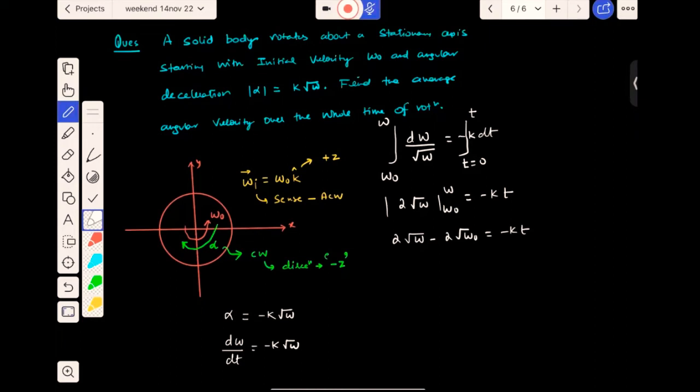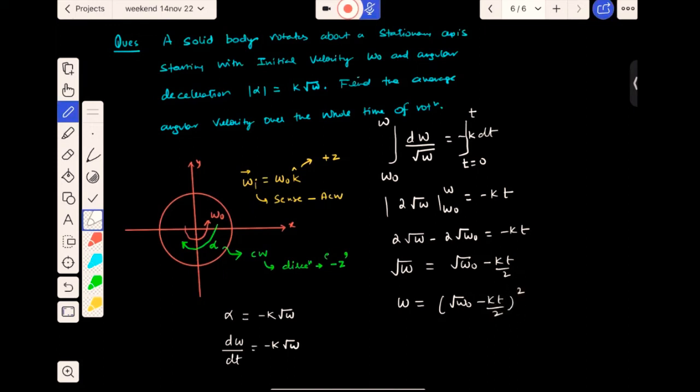But really we don't want that. What we want, okay, maybe we will determine that also. So root omega will be root omega naught minus kt by 2. So omega will be root omega naught minus kt by 2, whole square.